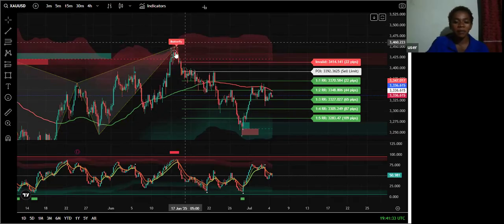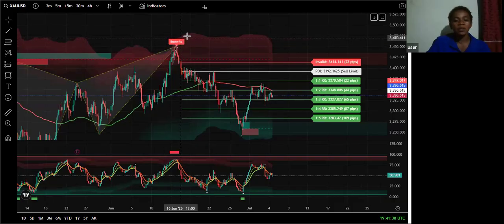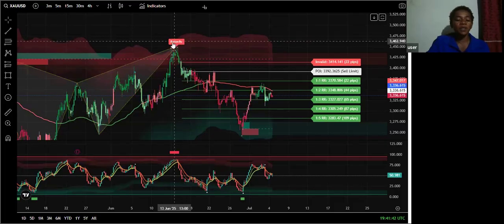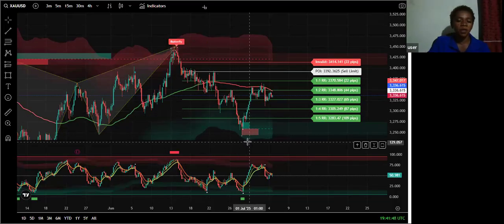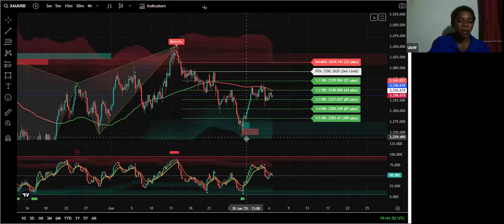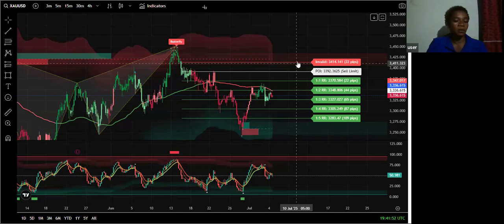You can see that crab, you can see butterfly, you can see A, B, C, D. They are just harmonic signs giving you a confirmation that this trade is going to go bearish. Or if you see it at the support zone, you can tell yourself that this market is actually going to go bullish. You understand?